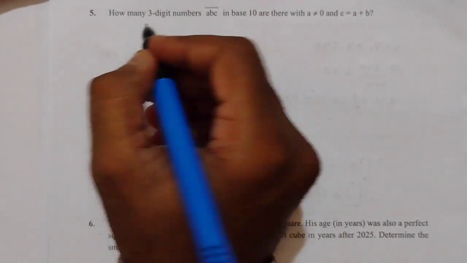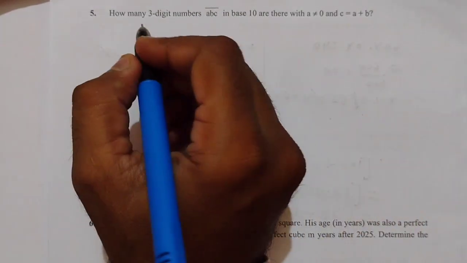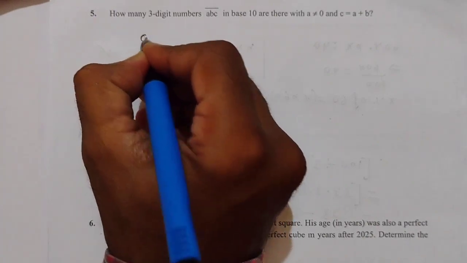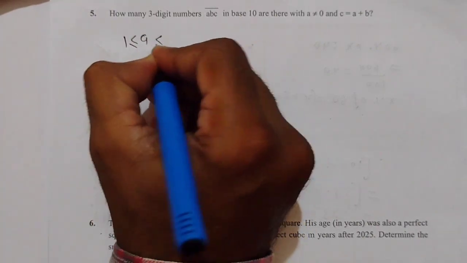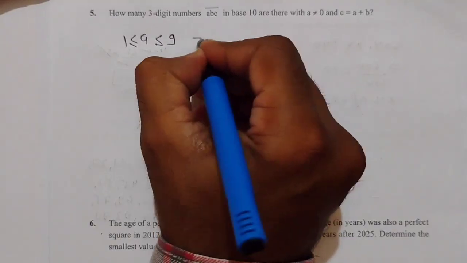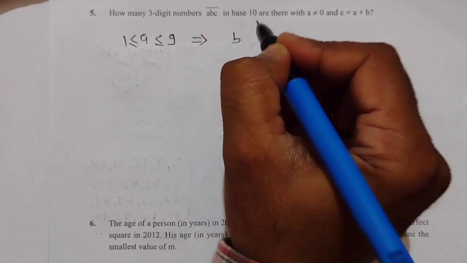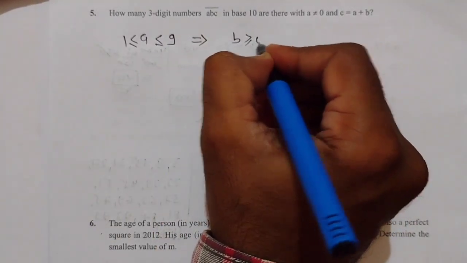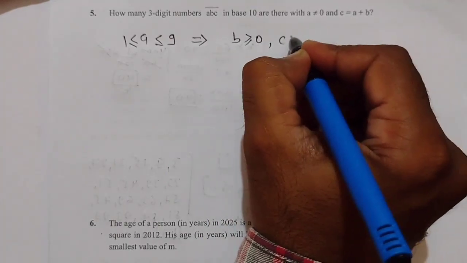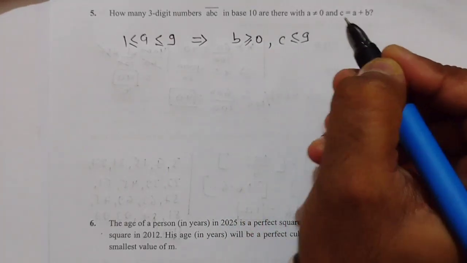So in this case we have the limits for A: greater than or equal to 1 and less than or equal to 9, and also B must be greater than or equal to 0 and C must be less than or equal to 9.